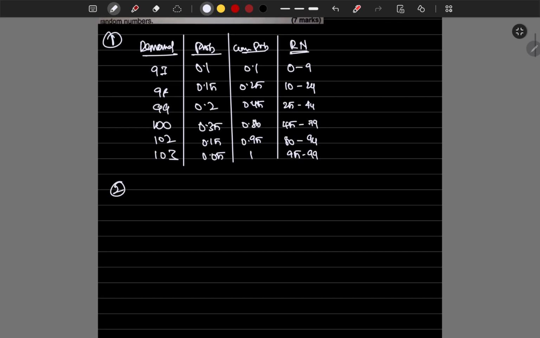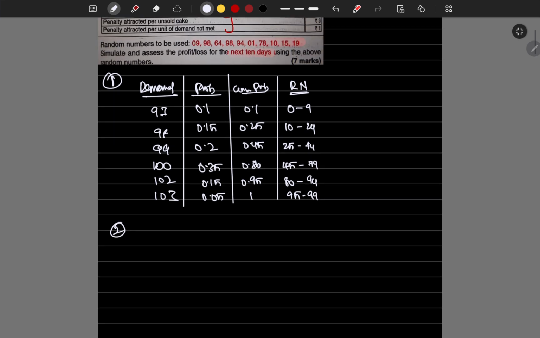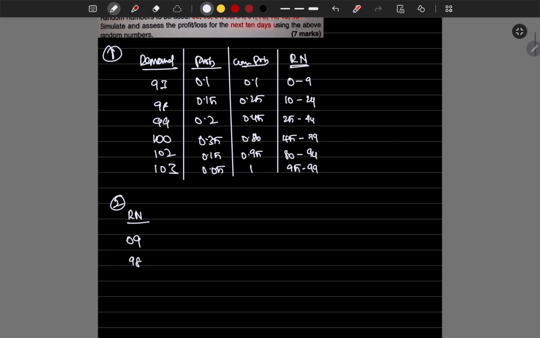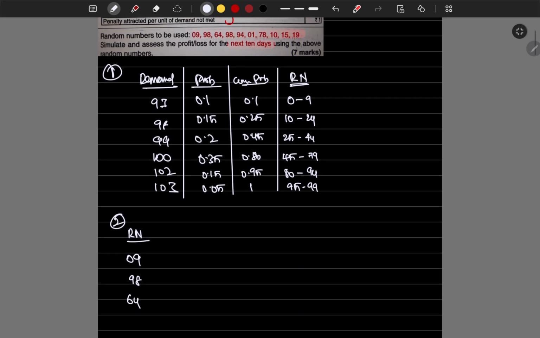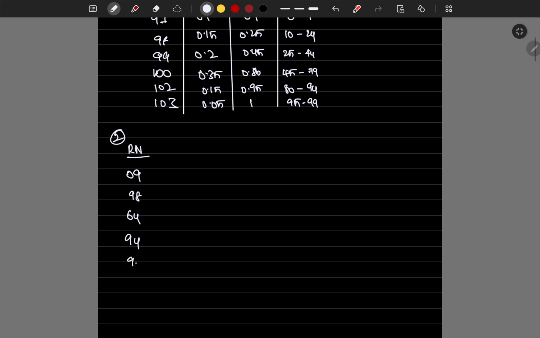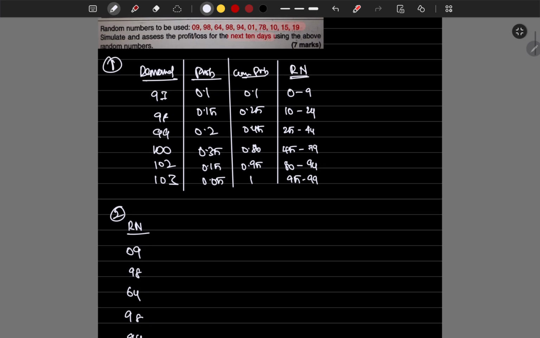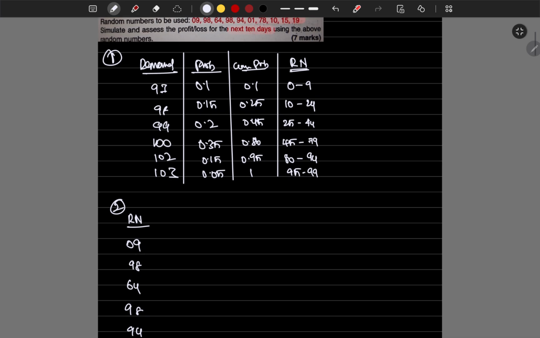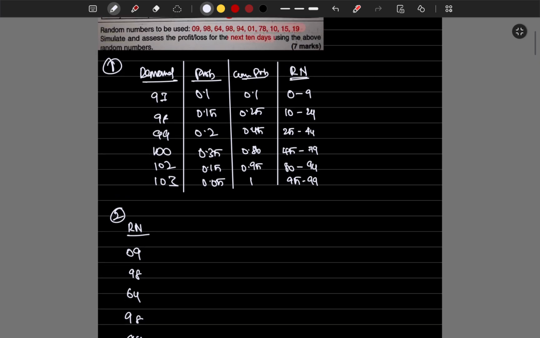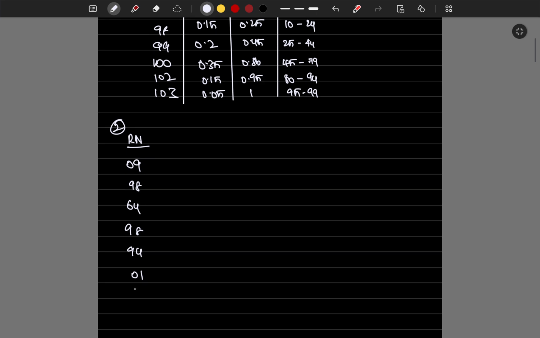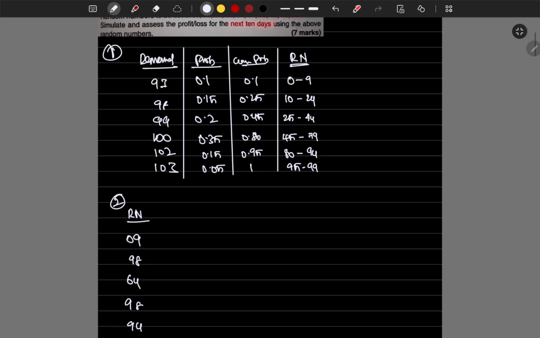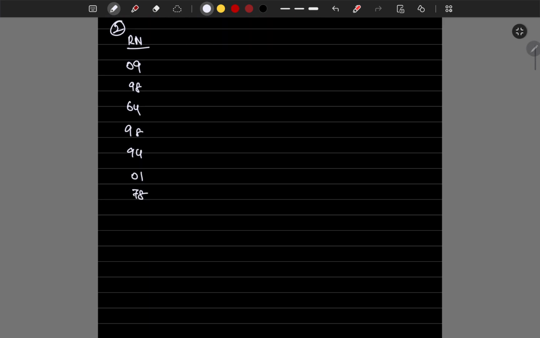Now the random numbers we have been asked to use are 09, 98, 64, 98, 94, 01, 78, 10, 15, 19.